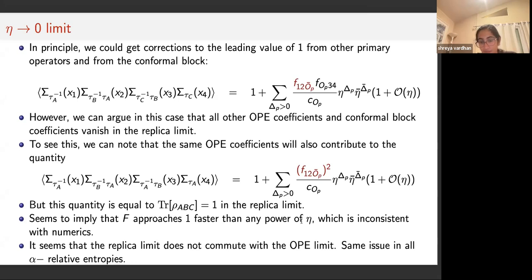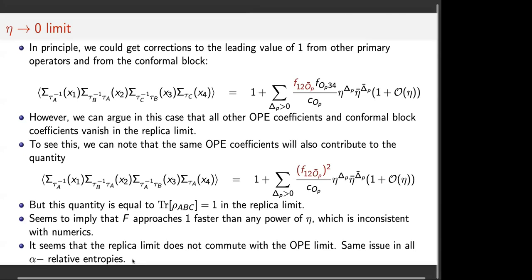So again, we don't have a full explanation of what is going on here. But one other thing is that instead of the fidelity, you could look at any of these alpha relative entropies, which I mentioned earlier. And you see that the same issue arises there. So this is somehow not specific to the fidelity, that we're able to exactly reproduce the behavior in the eta going to 1 limit, but not in the eta going to 0 limit.